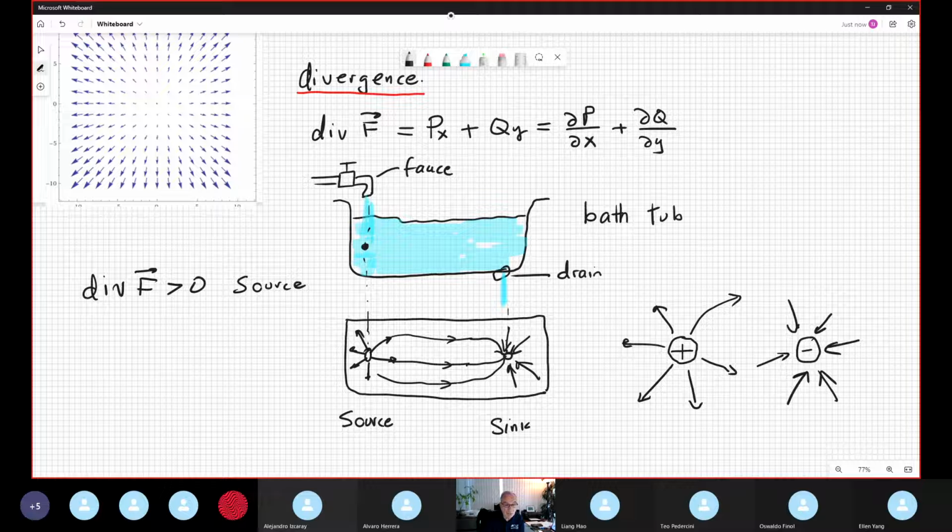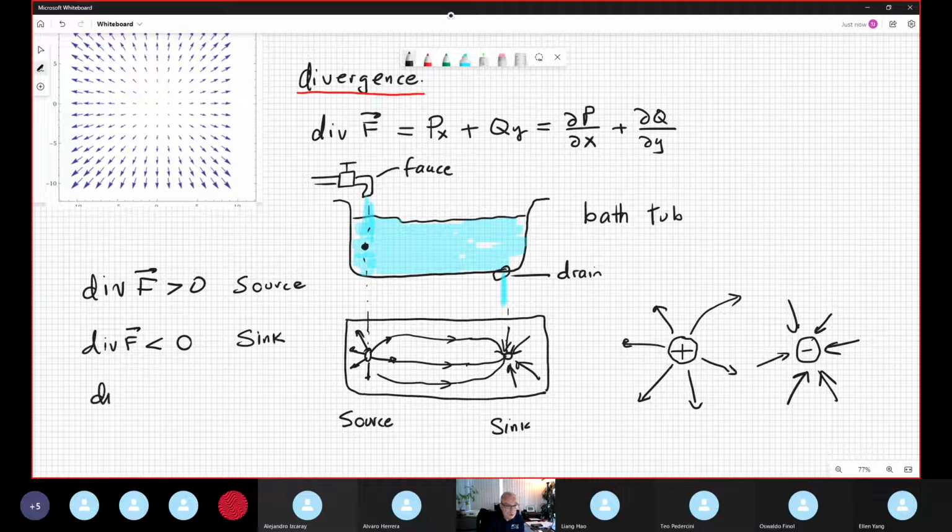Suppose when I compute the divergence at that point the answer is, I don't know, 20, positive. However, when the divergence is negative, it's a sink.